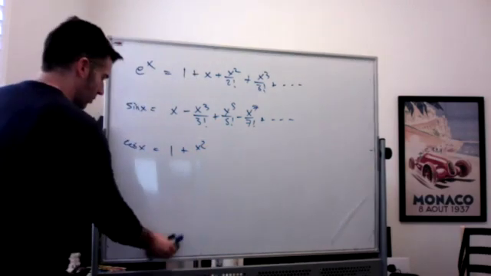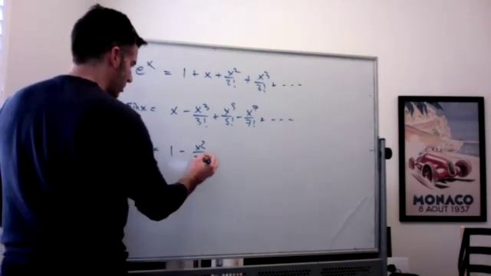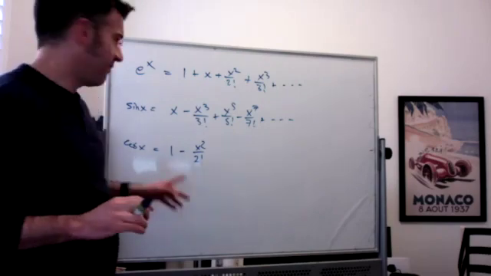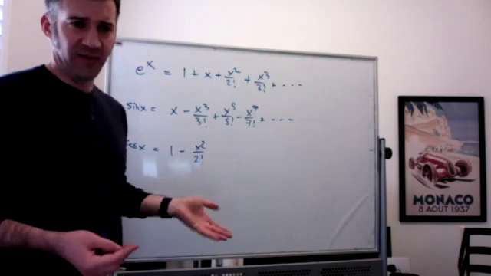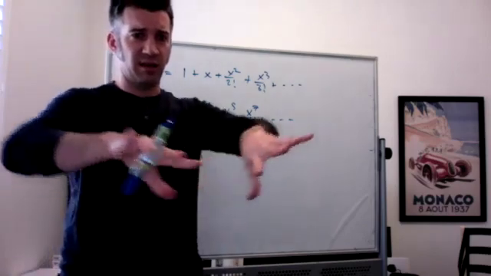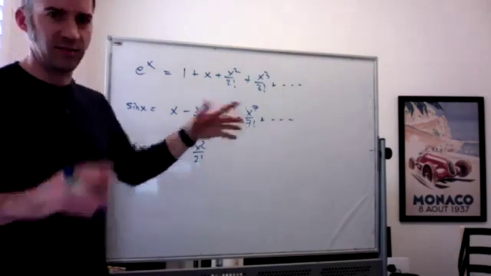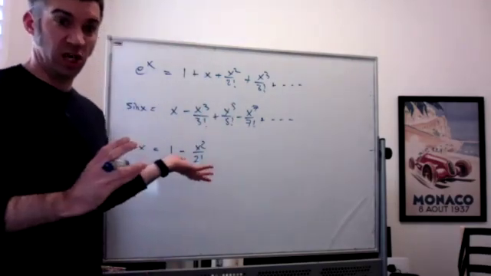The cosine and sine ones do alternate. One way to remember that they alternate: if they were all added together, that wouldn't really look like sine, because if you added a bunch of polynomials, you'd just get bigger and bigger. Whereas if you add and subtract, it balances out, and so you can actually get the sine or cosine shape.